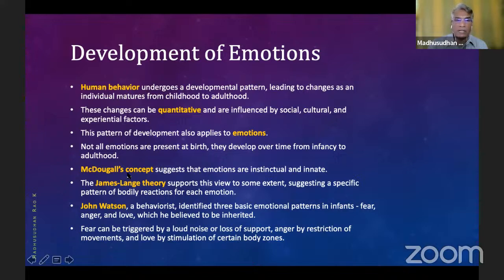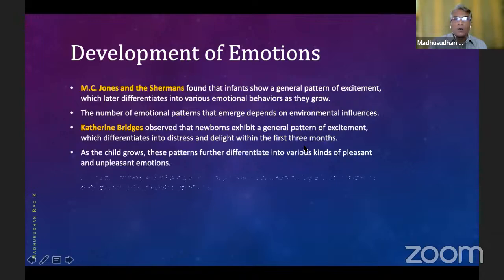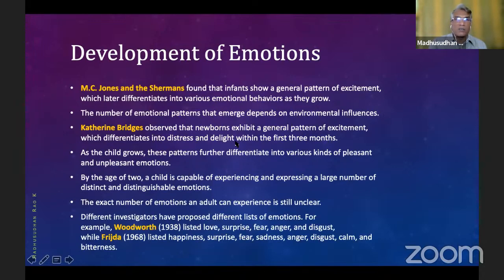I think McDougall has given a concept. I put this in a different way, I'll show that. Then James-Lange theory, John Watson. These are very important people in emotional theories. What they said, Katherine Bridges has given a beautiful example. I'll show them. Just go through this.